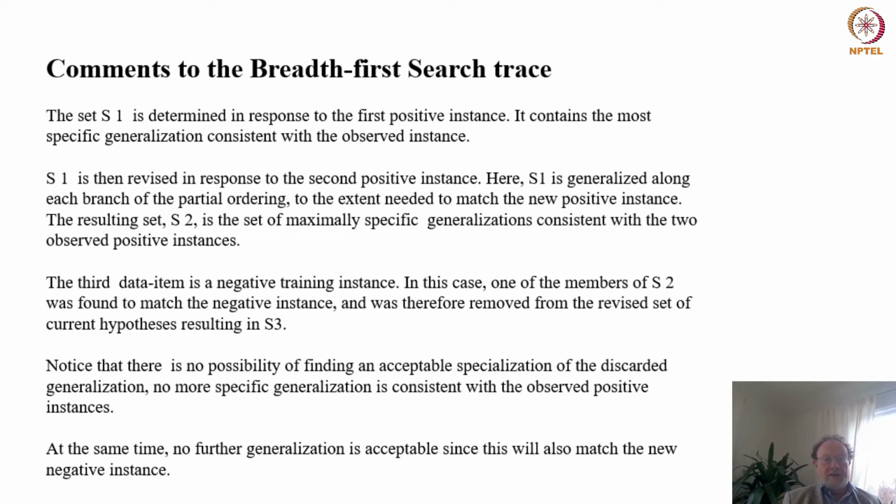And therefore needed to be removed from the revised set of S3. So when we look then at the resulting hypothesis in S3, there is no possibility of finding an acceptable specialization of the discarded generalization, and no more specific generalization is consistent with the observed positive instances.